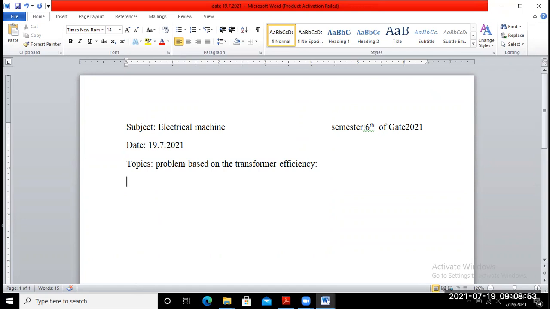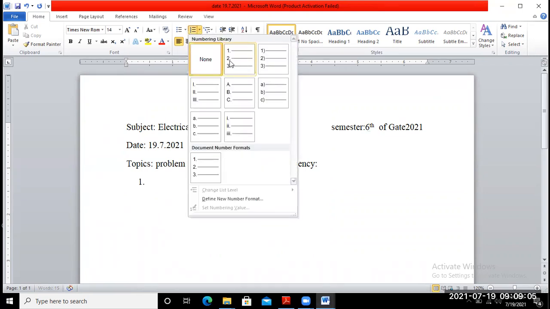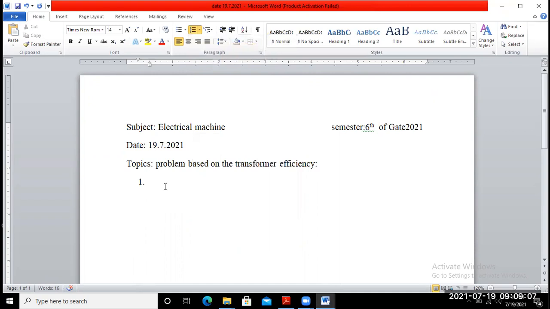Suppose we consider one example related to transformer efficiency and losses.